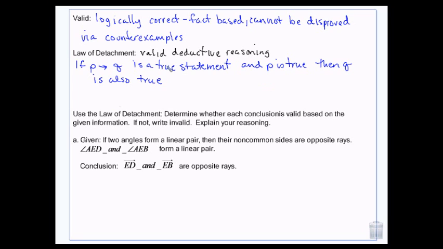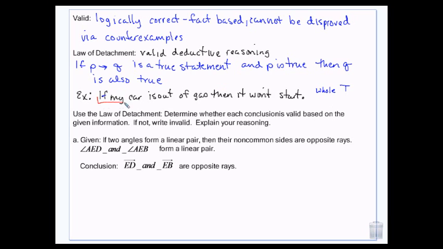So for example, if my car is out of gas, then it won't start. True? True. So the whole statement is true.